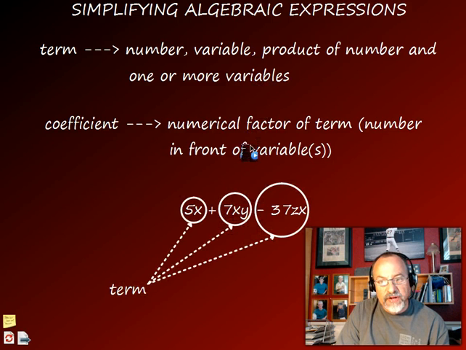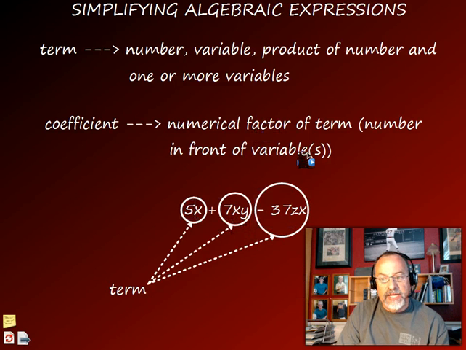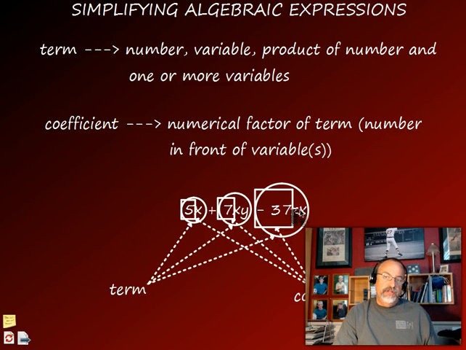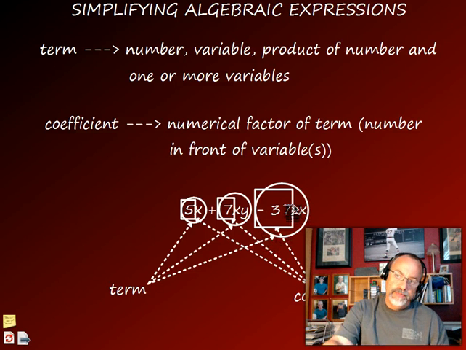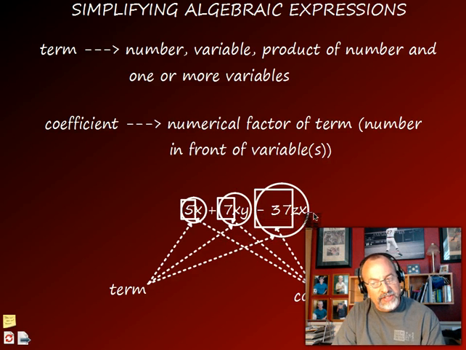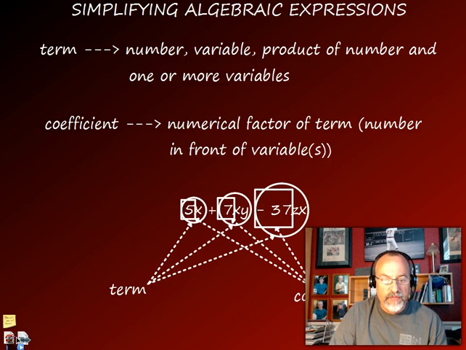The number that's in front of that is 7. That's the coefficient. And the last one here, we have the term negative 37zx. What's the coefficient of that term? It's the negative 37 that's in front. So the coefficient is the number, and this is all multiplication. It's negative 37 times z times x. So the number that's in front is called the coefficient. Okay, so that's the vocabulary of this.